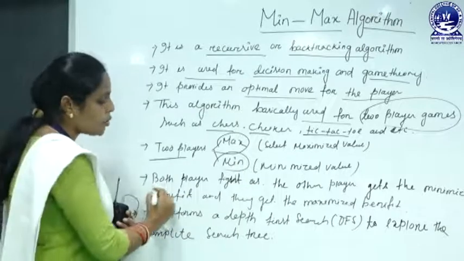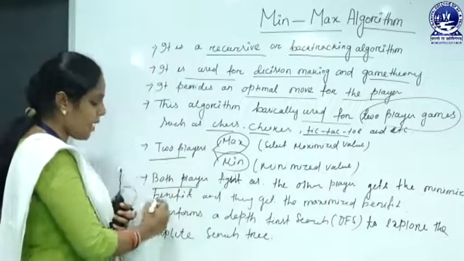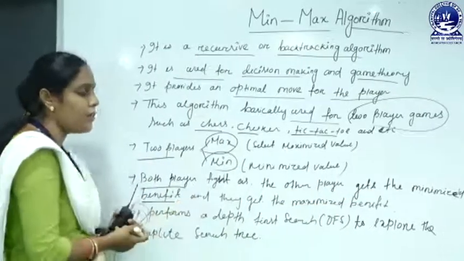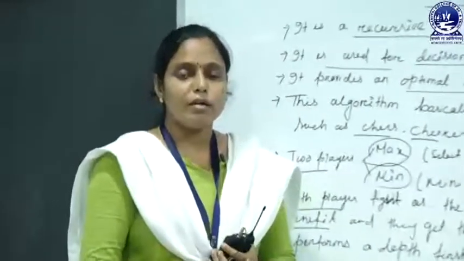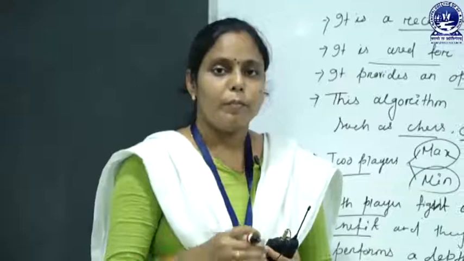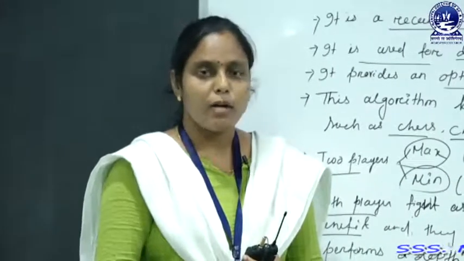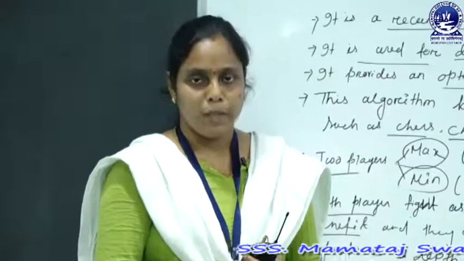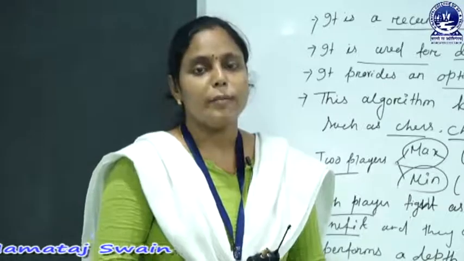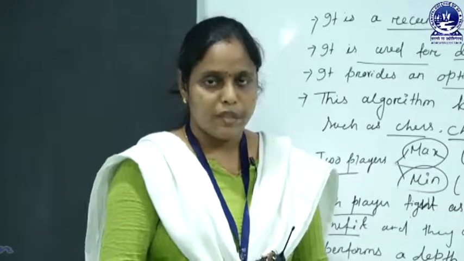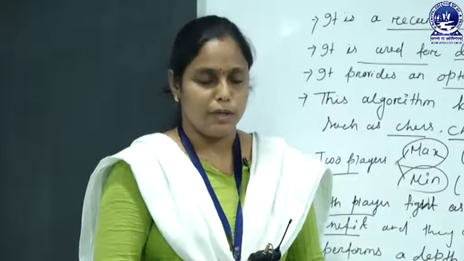Then both the players fight so that the other player gets the minimized benefit and they get the maximized benefit, which means in min-max algorithm each player plays according to get their maximum benefit or maximum point, and assuming that the other player is getting the minimized benefit. That is the main aim of min-max game theory.